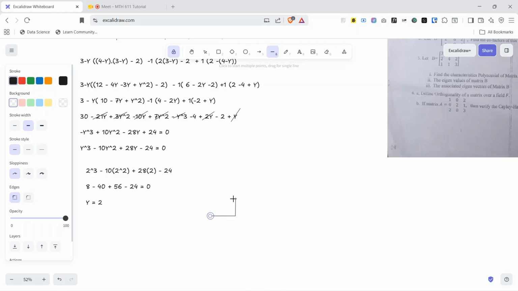Escape. Yeah. I just want to be able to draw the. Okay.